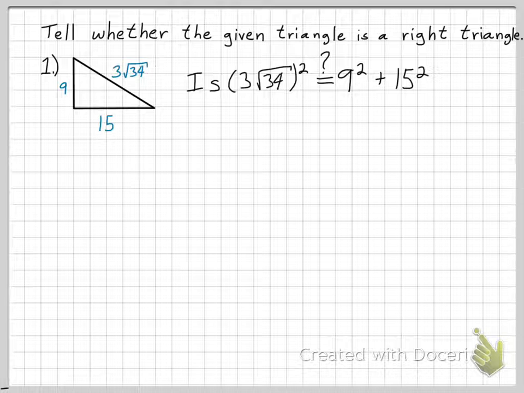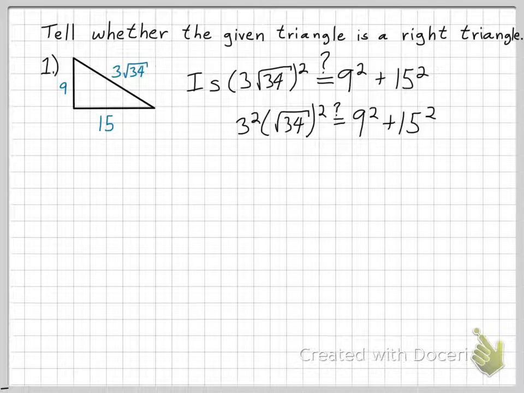Okay, so the next step is I'm going to take 3 root 34 quantity squared, which is equal to 3 squared times root 34 squared. And again, does that equal 9 squared plus 15 squared? Then 3 squared is 9, and root 34 squared is just 34.